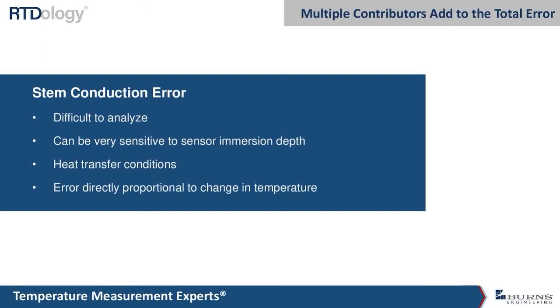Sure. Bill, we have another question just popped up too, if you want to take a look at that. Sure. Does a PT-RTD show better performance concerning self-heating compared to NTC technology due to the lower resistance value? So they're looking at a thermistor, a very small device, and there's still self-heating that comes into play.